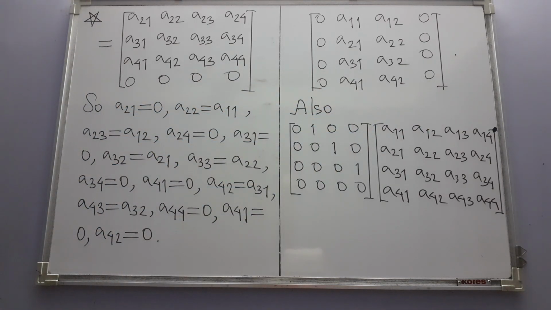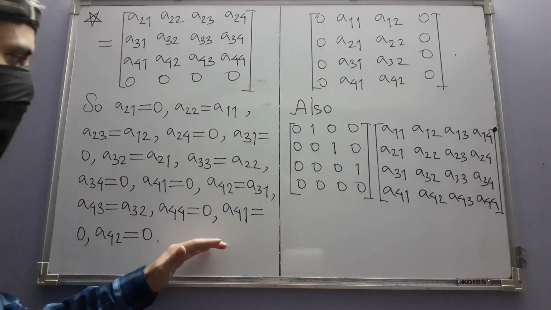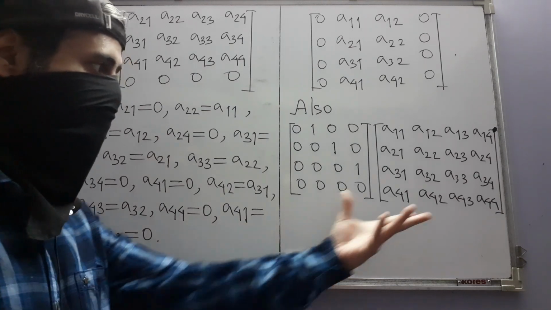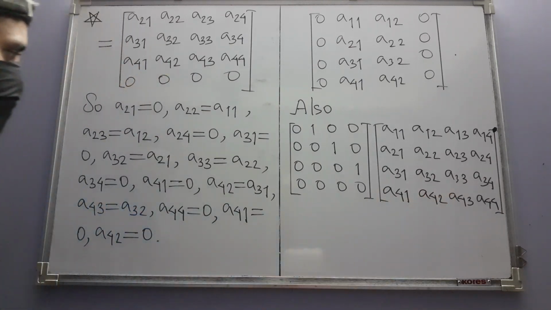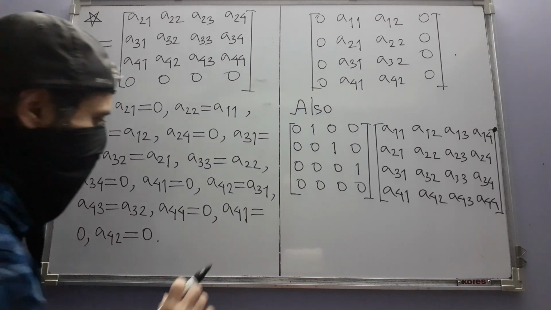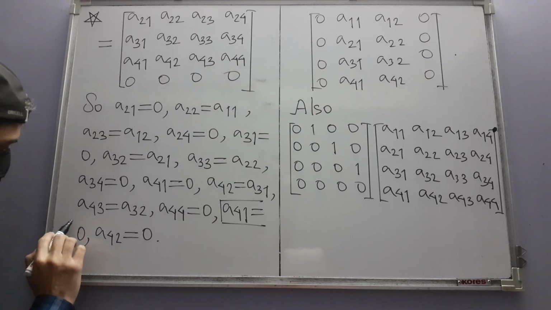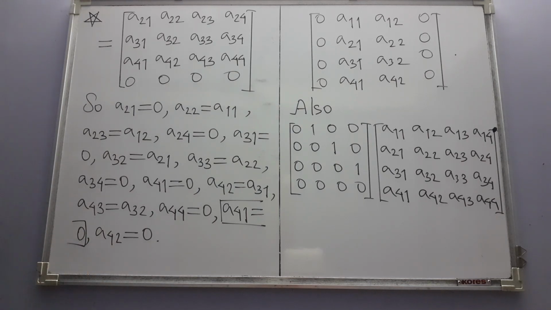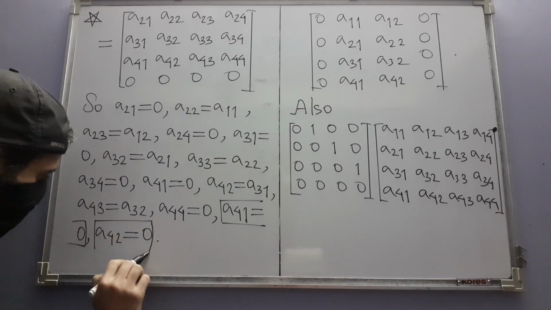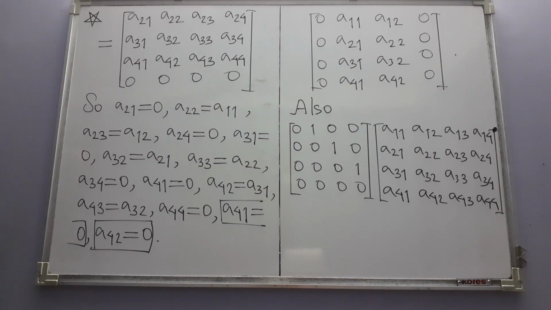Now, can we say something from these equations about the matrix A? Well, you may notice some things. For example, A41 is equal to 0. A42 is also equal to 0. What about A43?